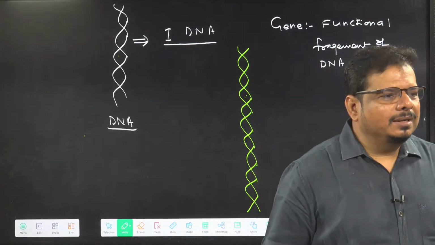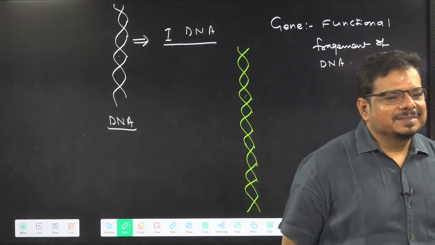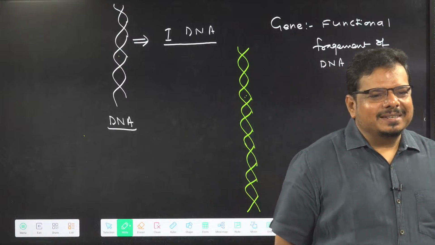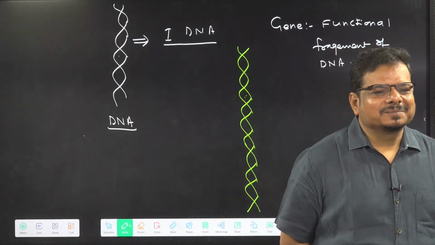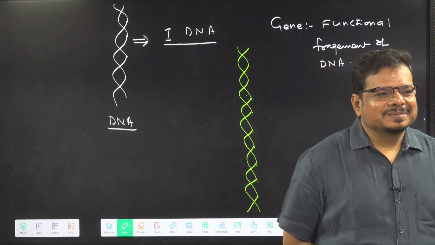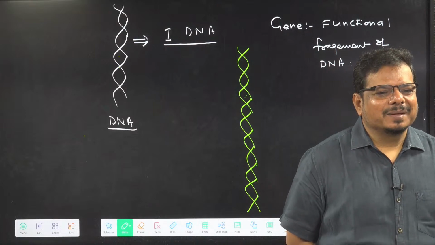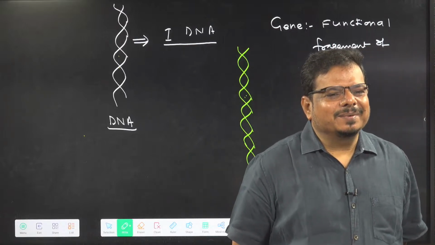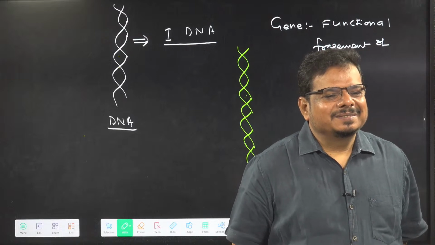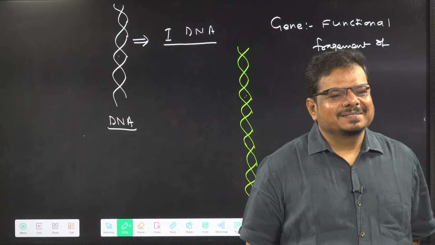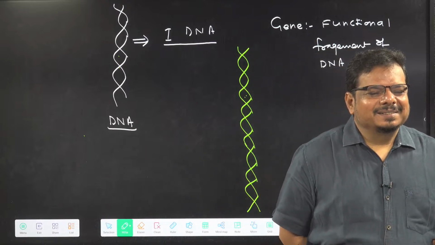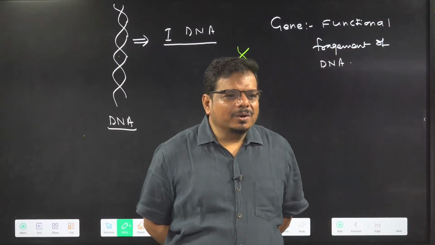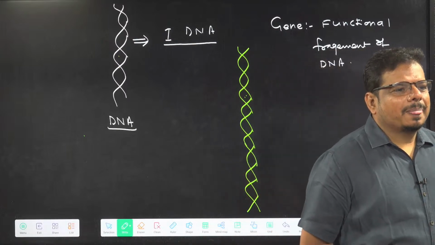You people are really doing great. An impressive answer is coming. And the second longest DNA? The second longest DNA is present in which chromosome, in a human being? The second chromosome.